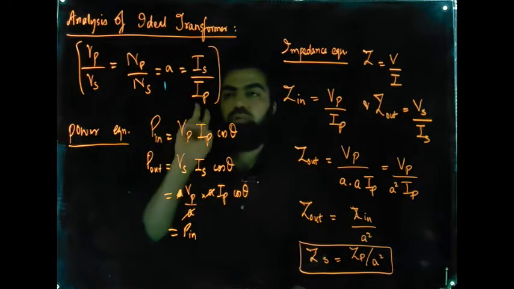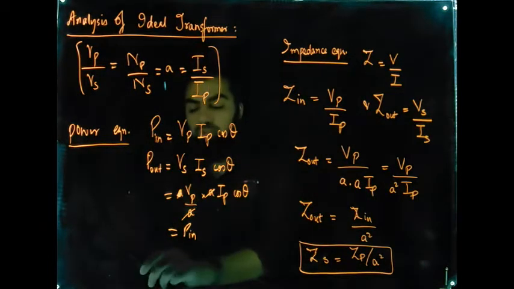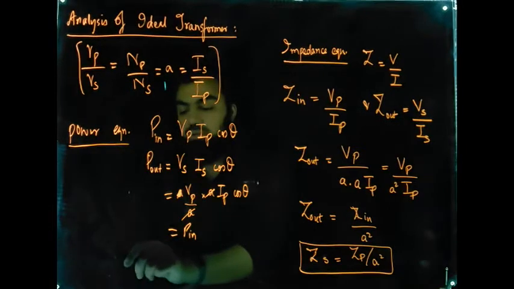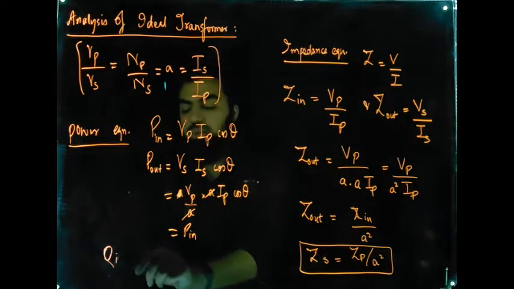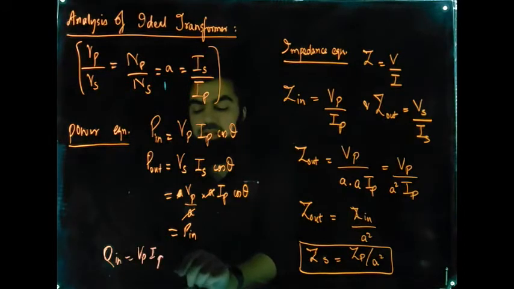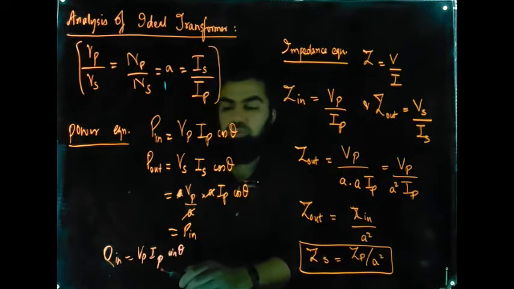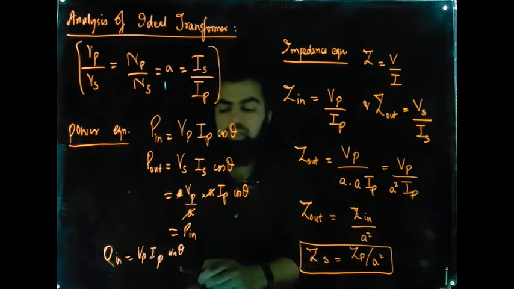So these are your voltage equations, current equations, the power equation. Also, if this is your real power, we can also write the reactive power Q in equal to Vp Ip sine theta, and Q out will be equal to Vs Is sine theta. Again, you substitute Vs equal to Vp divided by A and Is equal to A into Ip.